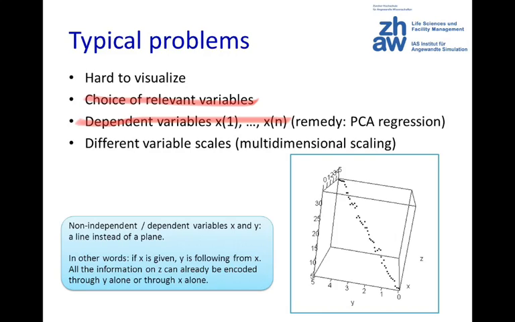If you continue studying statistics, you will maybe run into a thing called PCA, Principal Component Analysis. PCA regression is something to take away the dependencies between the variables, but we will not treat that here.